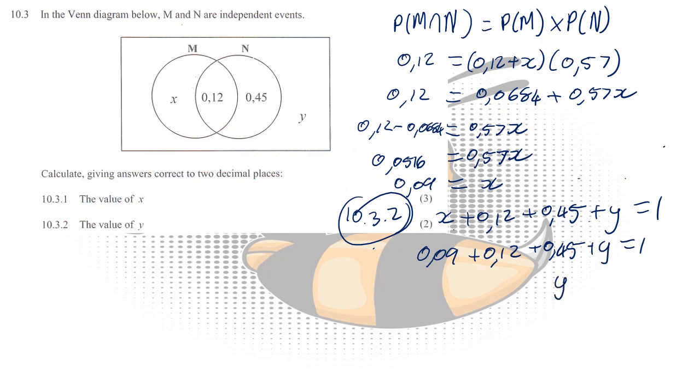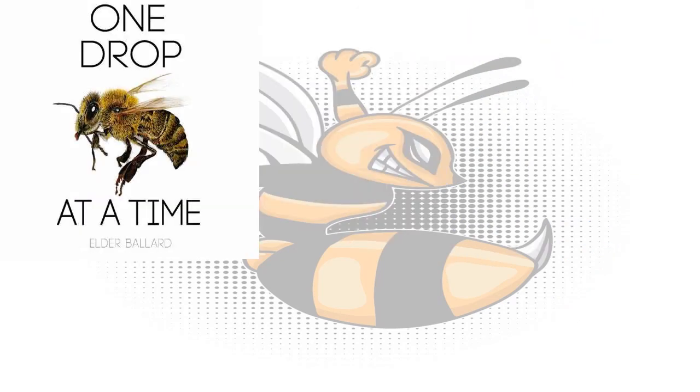We solve for y by throwing everything over to one side. So y is equal to 1 minus 0.09 minus 0.12 minus 0.45, which is then approximately equal to 0.34. Okay, ladies and gents, and then with that, it is probability.